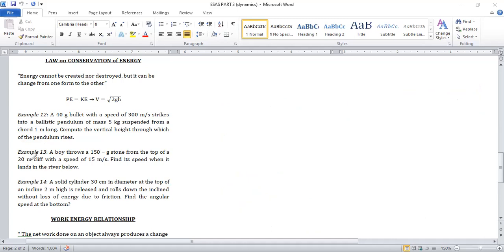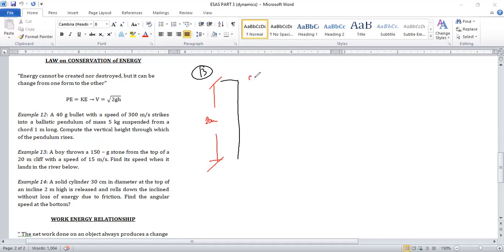So in problem number 13, a boy throws a 150-gram stone from the top of a 20 meters cliff with a speed of 15 meters per second. Find its speed when it lands in the river below. Basically you have the cliff, and the height is 20 meters.